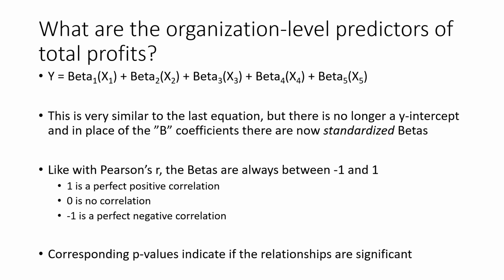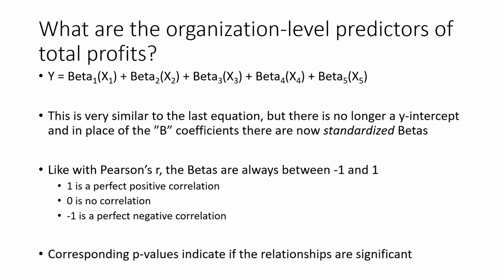And like with Pearson's r, betas are always a number between -1 and 1, where 1 indicates a perfect positive relationship, -1 indicates a perfect negative relationship, and 0 indicates no relationship at all.